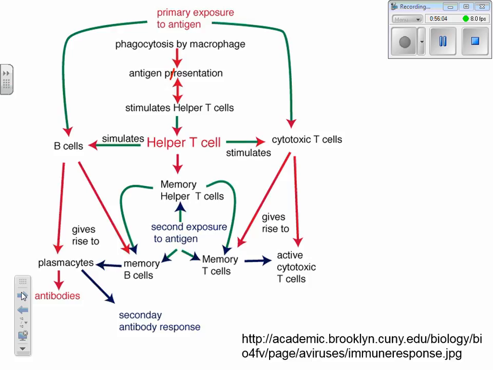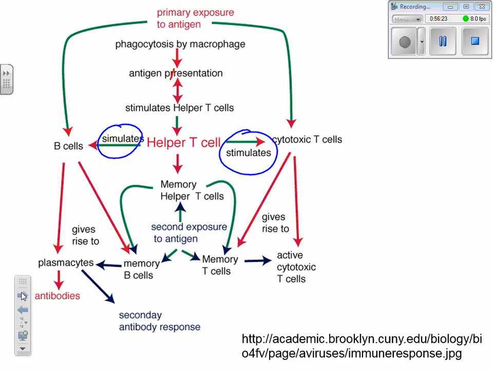They are helping the production of B cells and T cells. So these helper T cells are promoting the production of the B cells.